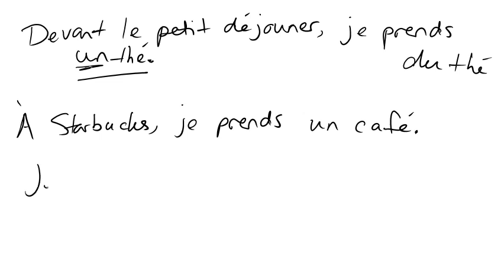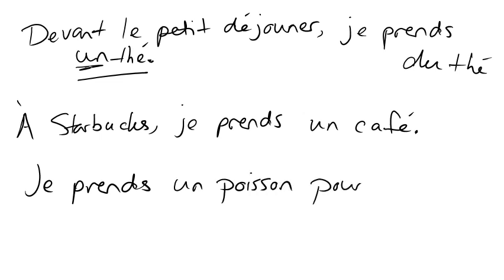So, je prends un poisson pour dîner. I eat a fish for dinner. So that means you are eating a whole fish by yourself, but it's a little bit more specific, so we're allowed to do it that way.